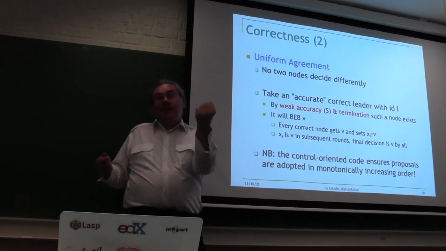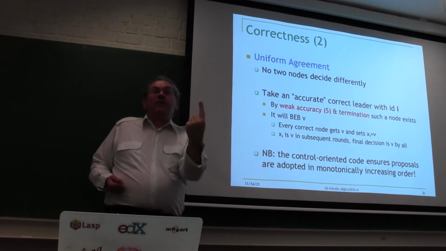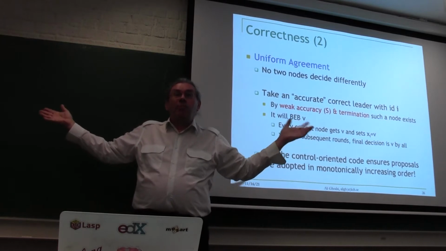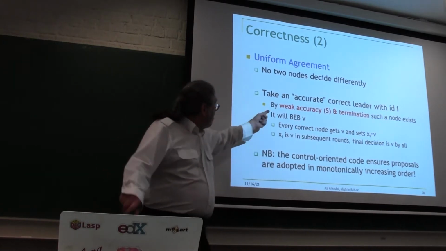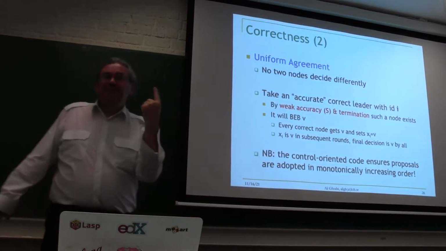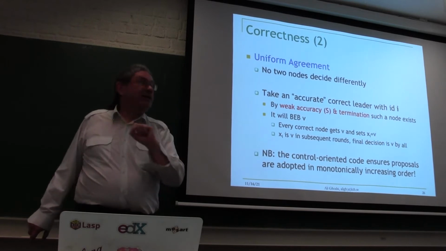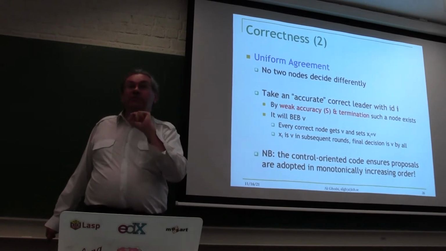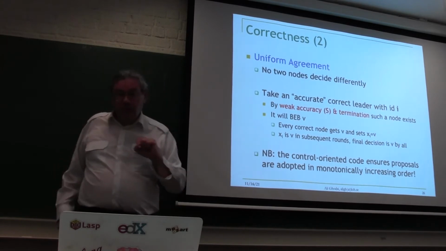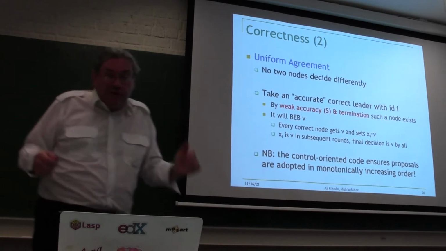It's correct and you're not making mistakes. But you only need one like this, whereas in P, all of them are no mistakes. But in S, you have to have one correct one. There exists a correct node which is never falsely suspected. That's S. You have actually one very special node.